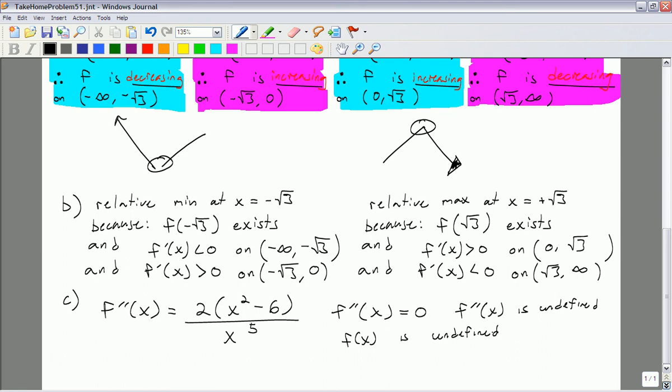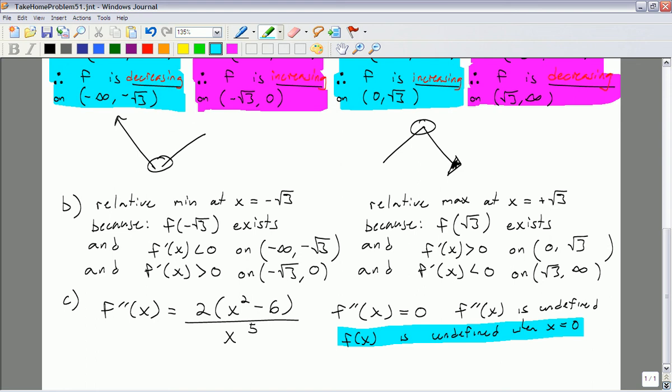So you're going through this process, getting those interval separators. Okay, I know f of x is undefined when x equals 0. The first derivative was also undefined there. So that's going to be important, right? F of x is undefined when x equals 0. That's going to open up the door to a possible change in concavity. Doesn't mean it necessarily will happen.